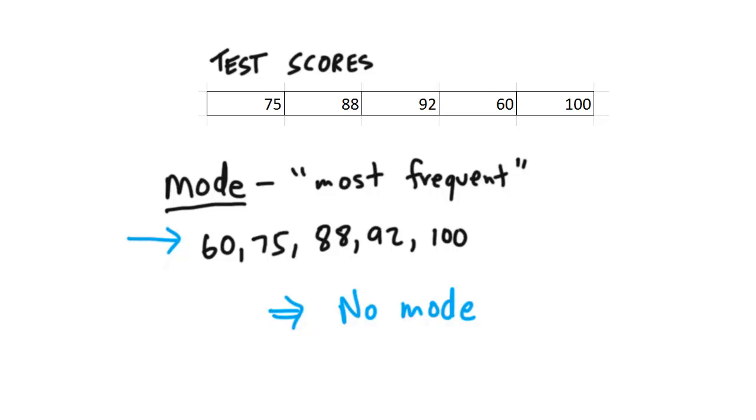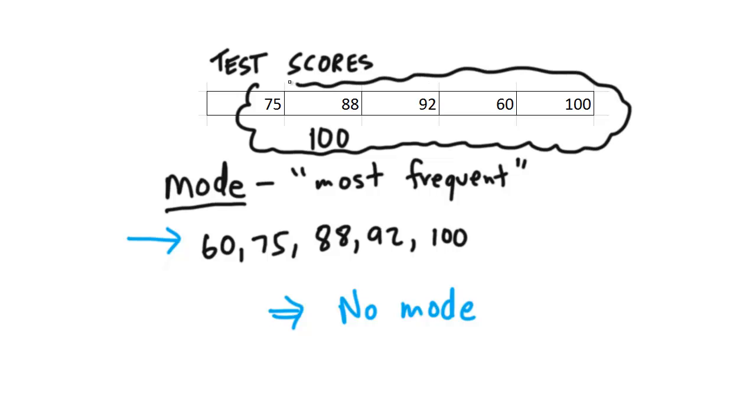Right? Now if we were to change this to, let's say, add another data value, let's say we have another 100 here, right? So we include that as our data set. So now the mode will change to 100. Right, because that's the most frequent, right?